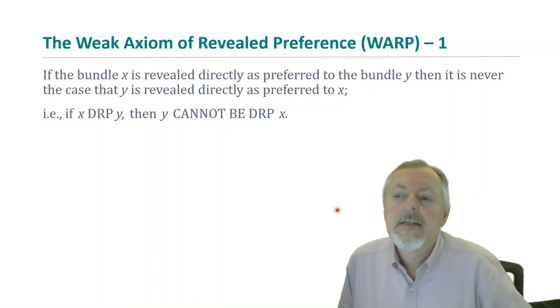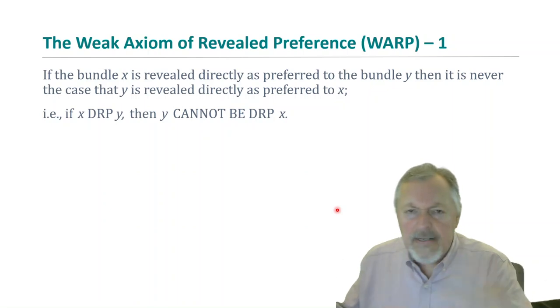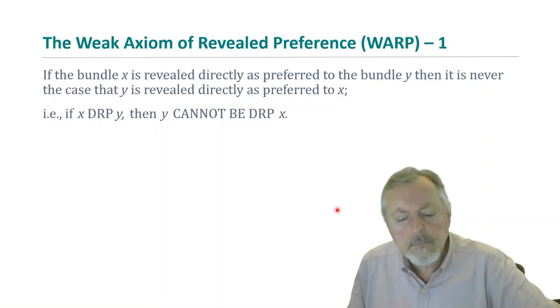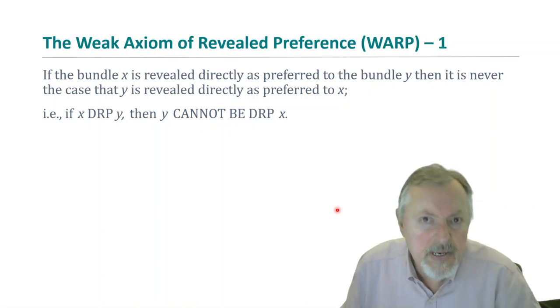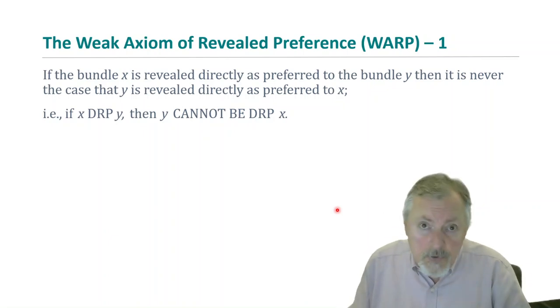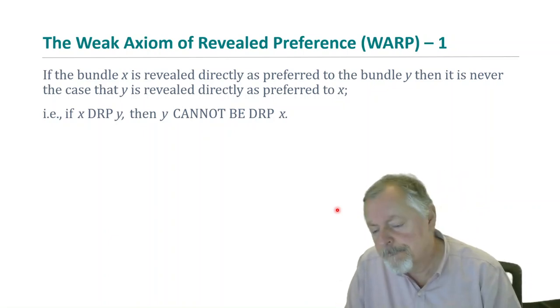Let's assume in all cases both are affordable, so that watching what someone does gives you information about their preferences. If it's not affordable, it doesn't tell you what their preferences are.